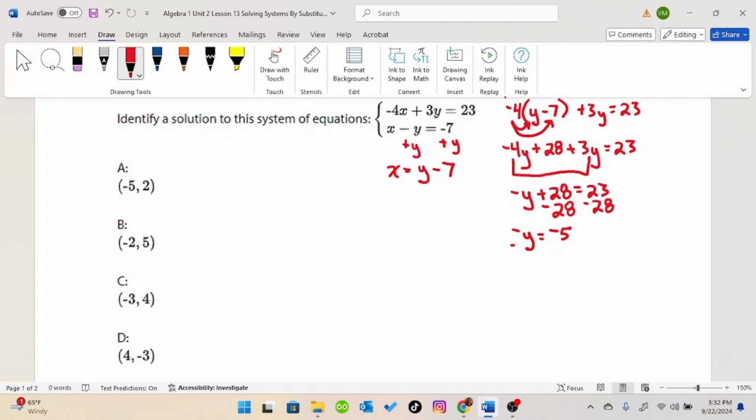Now we can divide both sides by negative 1. That will get rid of the negative on the left, and negative 5 divided by negative 1 is positive 5. So we know that y equals 5.